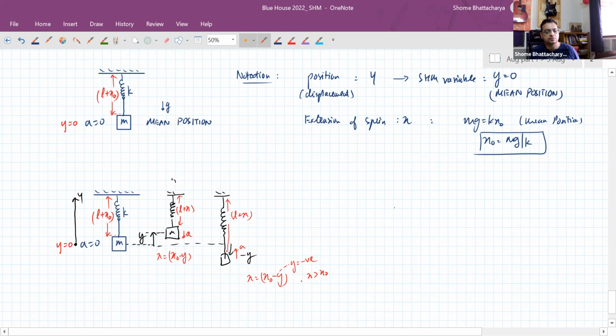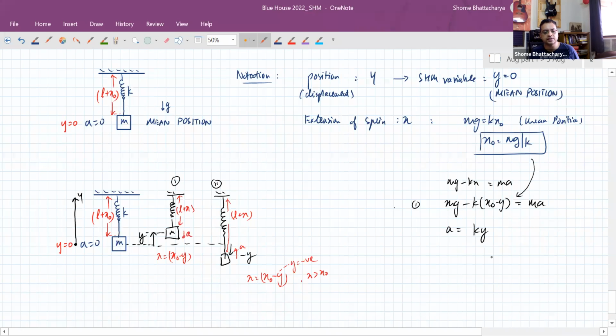So whichever diagram we go with, the first one or the second one, you can see that in general, for the first diagram, we have mg minus k of (x0 minus y) is equal to ma. So we have a is equal to minus k y over m because of this.